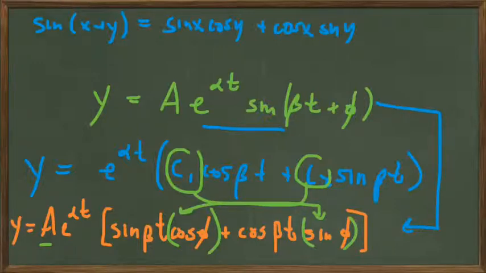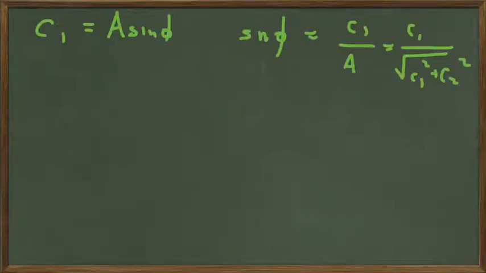Let's rewrite that on the next blackboard. C1 is the constant that corresponds to sine of phi times a. If we solve that for sine of phi, we get C1 over a, or C1 over the square root of C1 squared plus C2 squared.